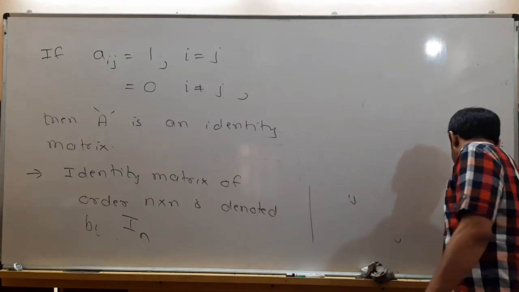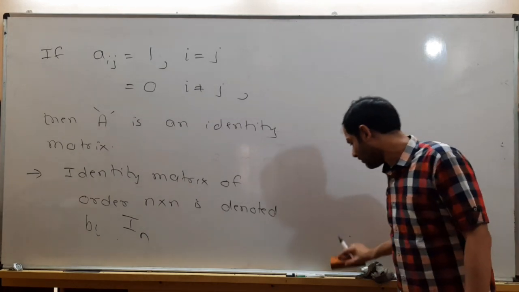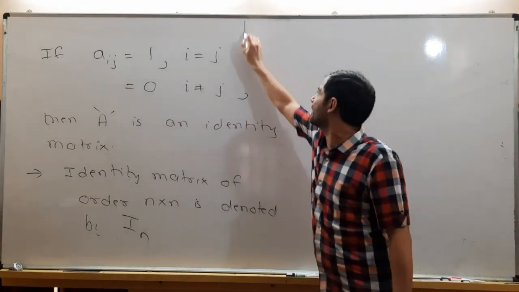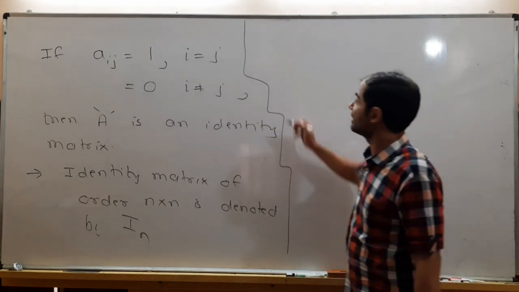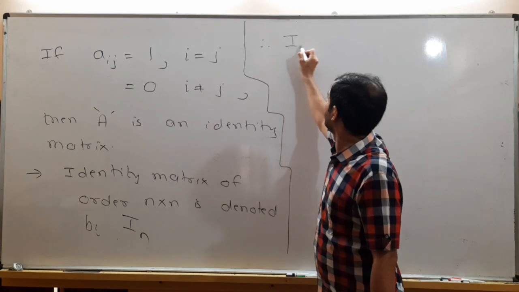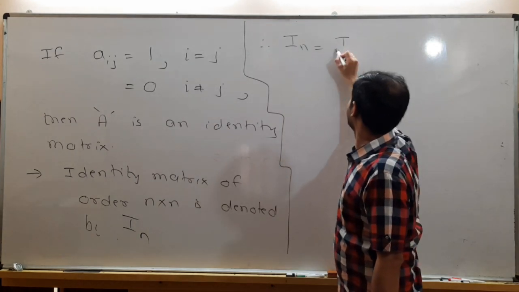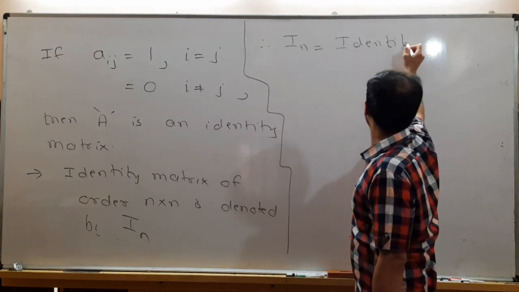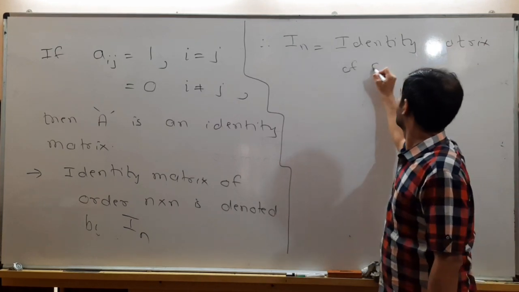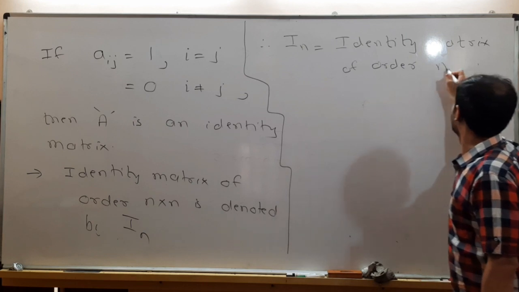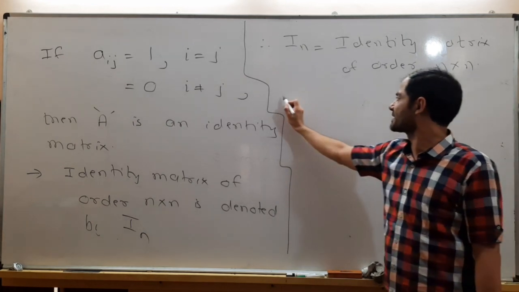And then I will give you examples of identity matrix of order 1, order 2, order 3. And in our syllabus, we have identity matrices till order 3 only. So In is equal to identity matrix of order n cross n. So, example.